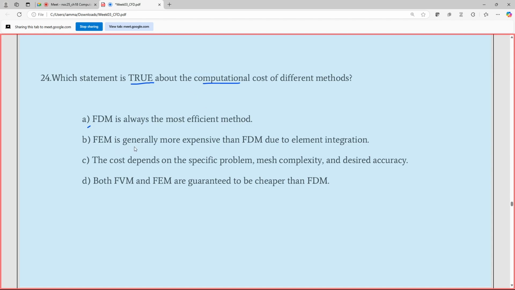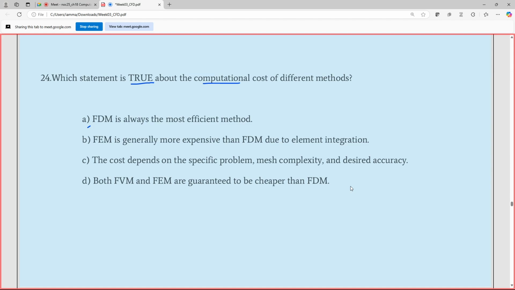Option B, finite element method is generally more expensive than FDM due to element integration. Option C, the cost depends on specific problem, mesh complexity, and desired accuracy. Option D, both finite volume method and finite element method are guaranteed to be cheaper than FDM.